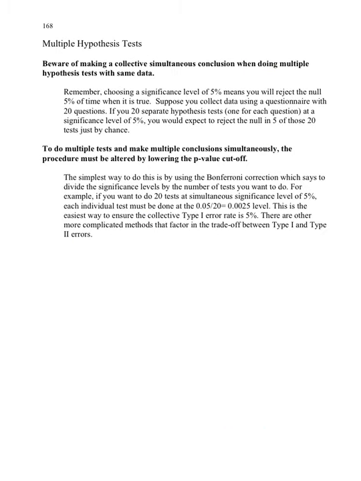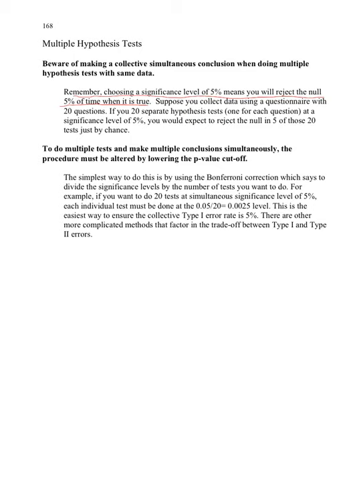So I'm going to skip ahead to page 168 and talk about multiple hypothesis tests and then come back to page 165. So remember that choosing a significance level of 5% means you will reject the null 5% of the time when it's true.